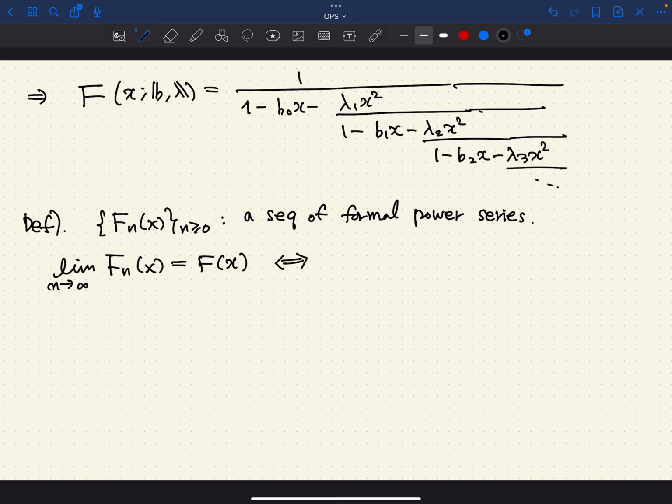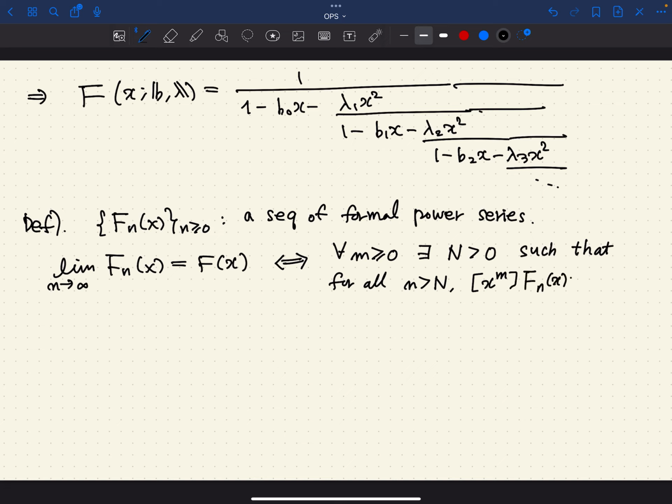This means that for every m there exists n, like an epsilon-delta argument, such that for all n, the coefficient of x to the m in f_n(x) equals the coefficient of x to the m in f(x).